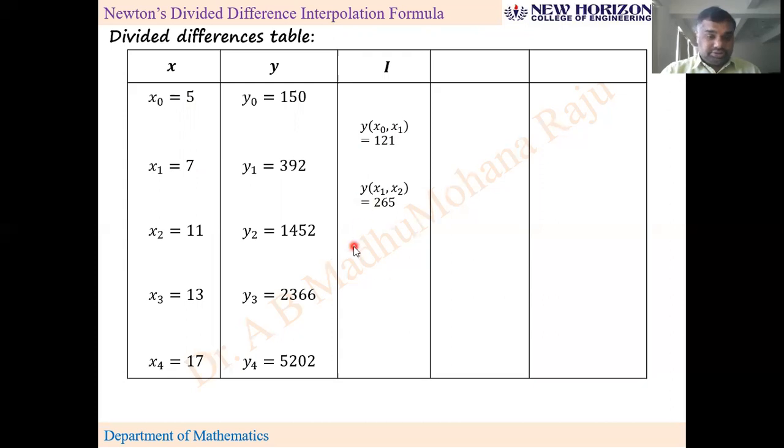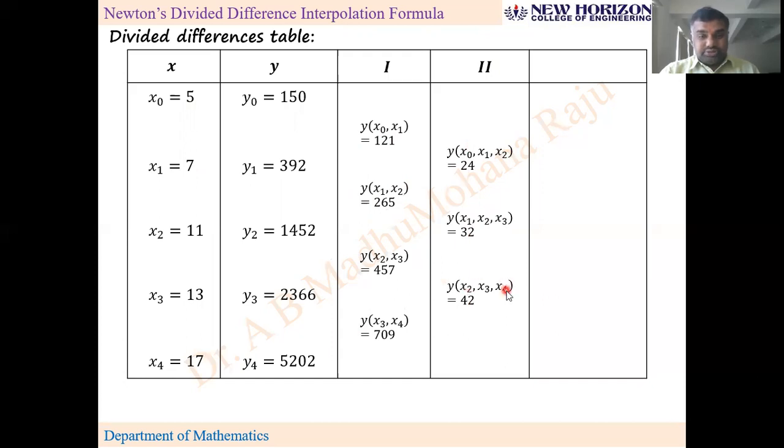Similarly, next this one. Then the second order differences: the numerator values are the first order differences, and the denominator values are the extreme end values, x0 and x2, here x1 and x3, here x2 and x4. Numerators are the previous differences only.